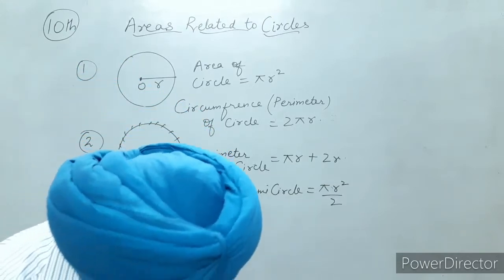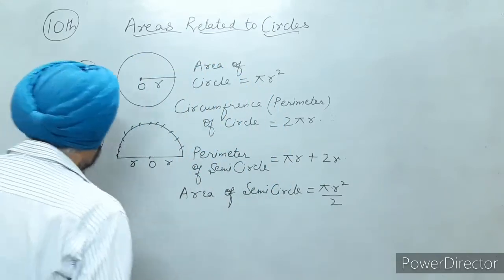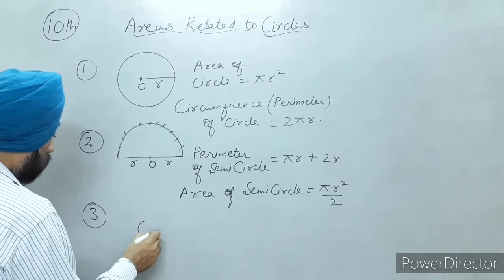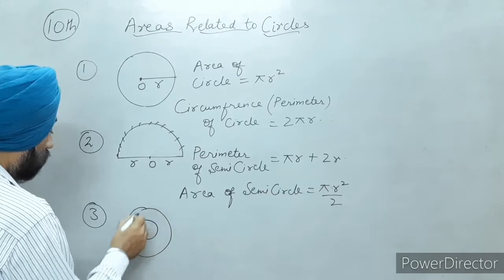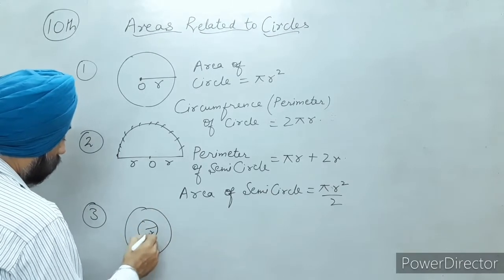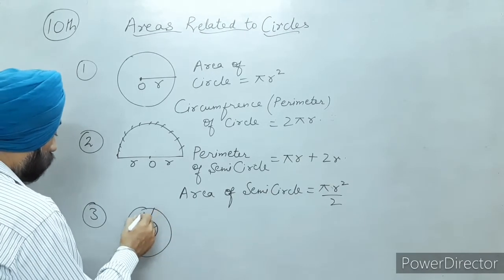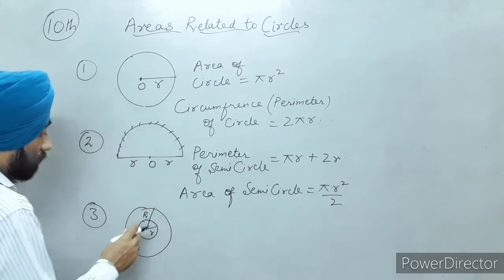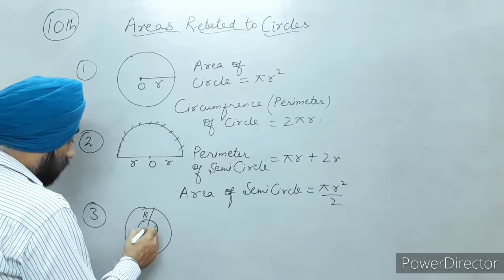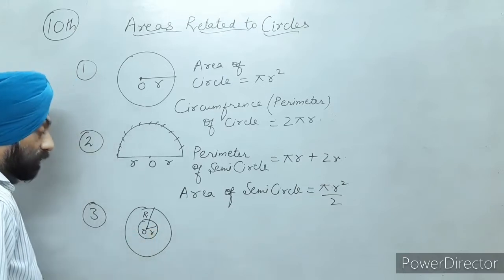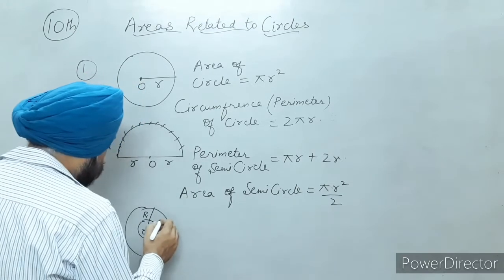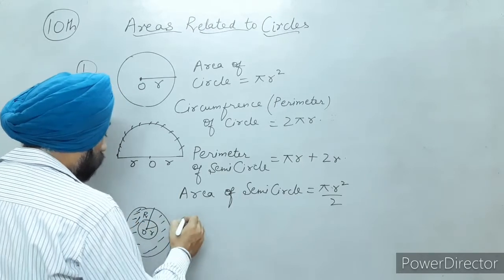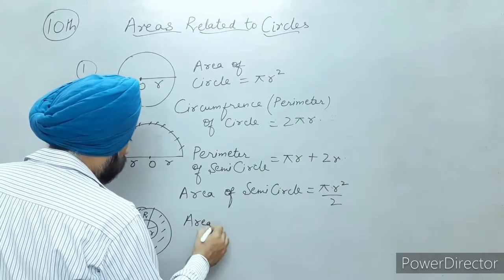Now, the third one is, say, there is a ring like this. This is the small radius. This is the outer radius, that is the bigger radius of the bigger circle, right? Then O is the center. The area of this shaded portion is the area of the ring.